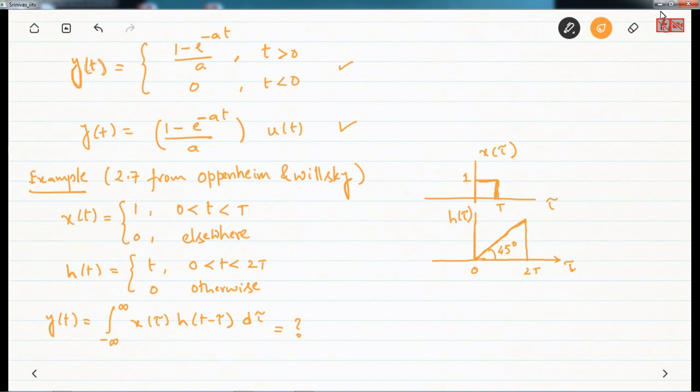Now what do we need to get? We need to reflect this, right?